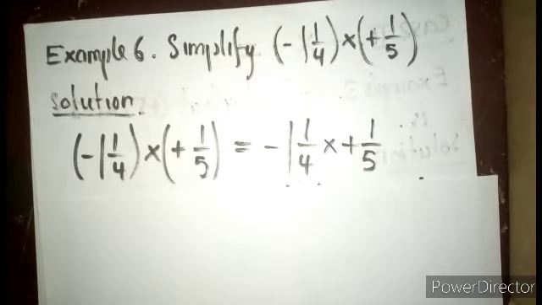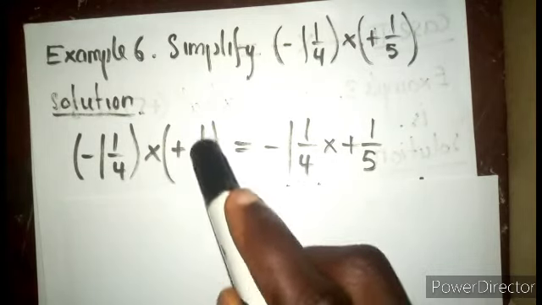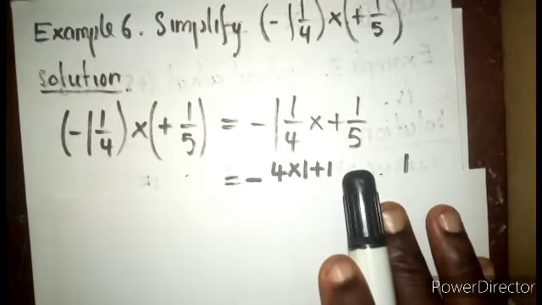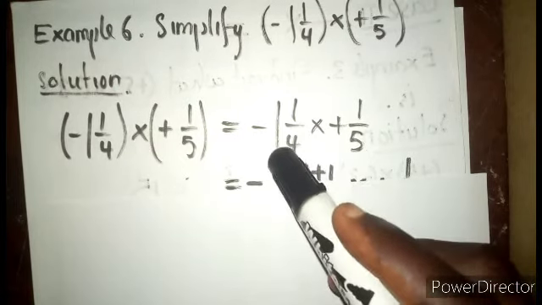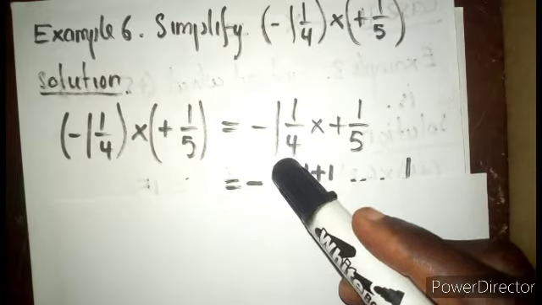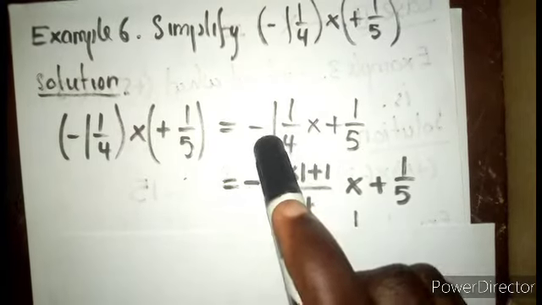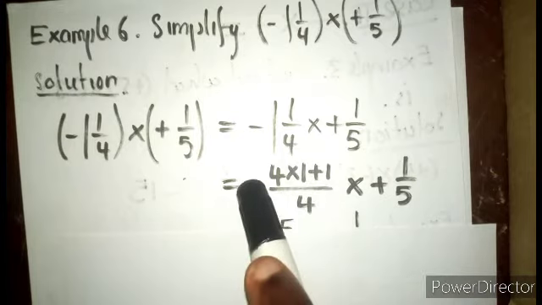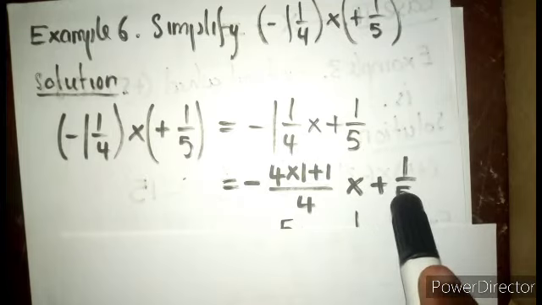So we look at example 6. Negative 1 whole number 1/4 times positive 1/5 is the same thing as negative 1 plus 1/4 times positive 1/5. Now changing this to its improper form, we have 4 times 1 plus 1 over 4, the denominator, the negative sign still there, times plus 1/5.